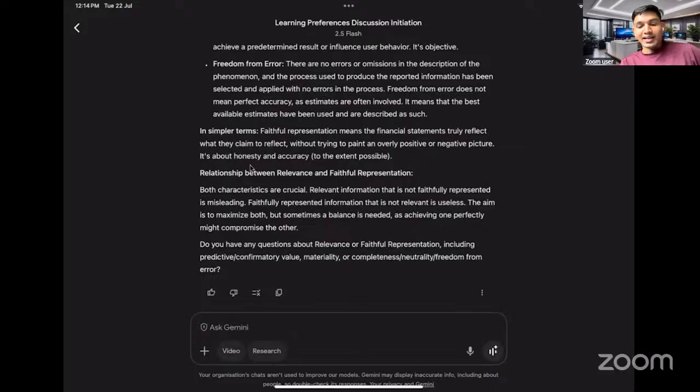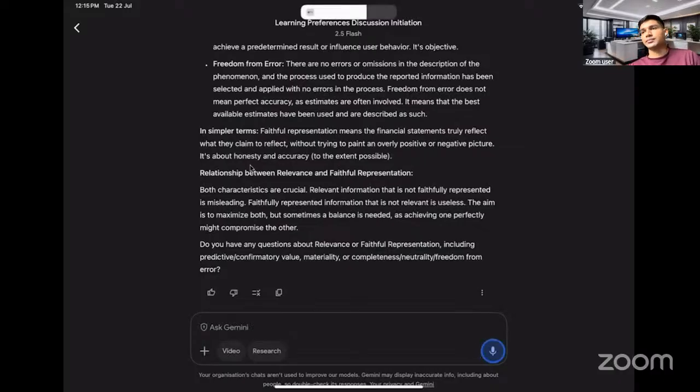The aim is to maximize both relevance and faithful representation, but sometimes a balance is needed, as achieving one perfectly might compromise the other. Do you have any question about relevance and faithful representation, including predictive or confirmatory value, materiality, completeness, neutrality, freedom from error? No, thank you.